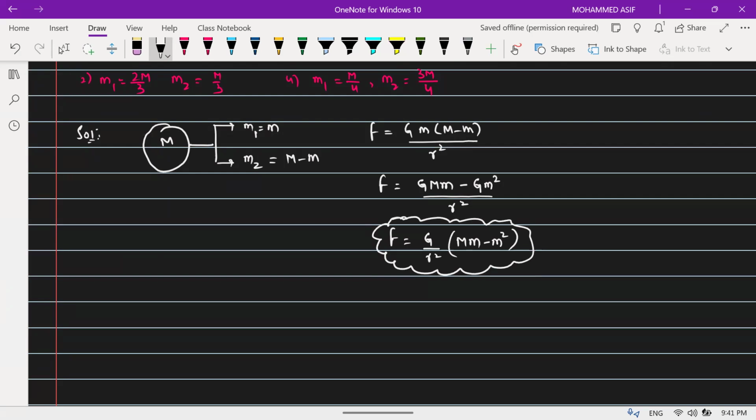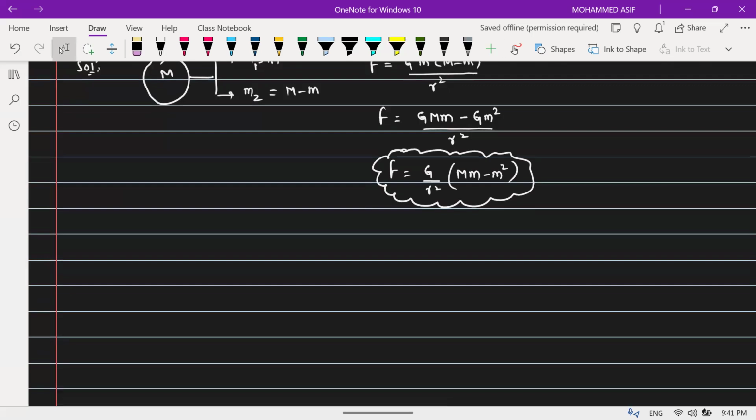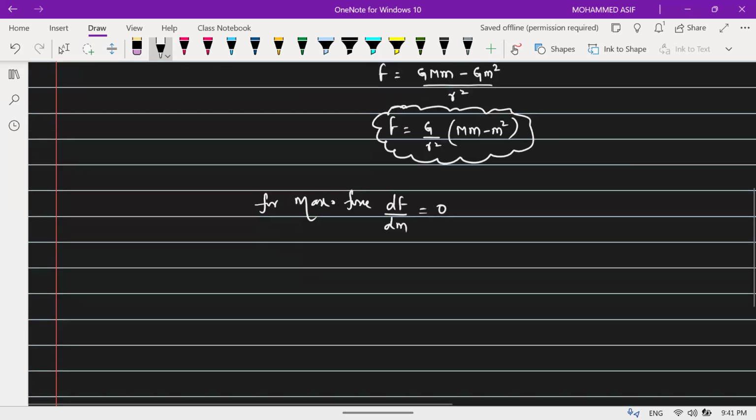Now for maxima, we need to use the concept of maxima and minima. For maximum force, dF divided by dm must be equal to 0, because force is a function of mass here.